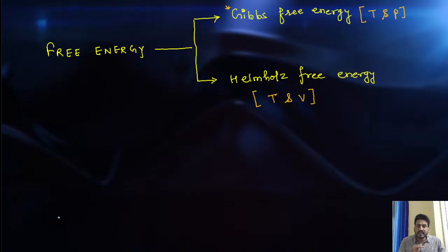Gibbs free energy is nothing but the total energy available in any system to do useful work. So if we write the definition: it is the total energy available to any system for useful work.